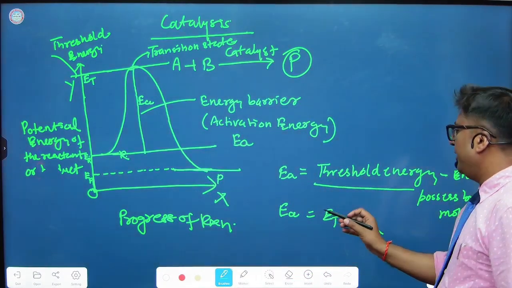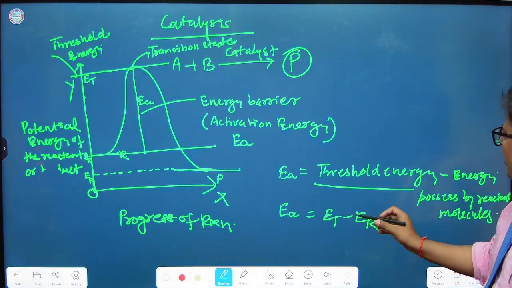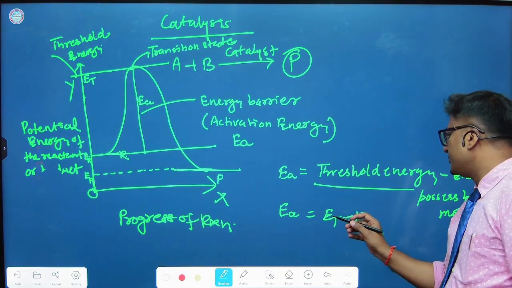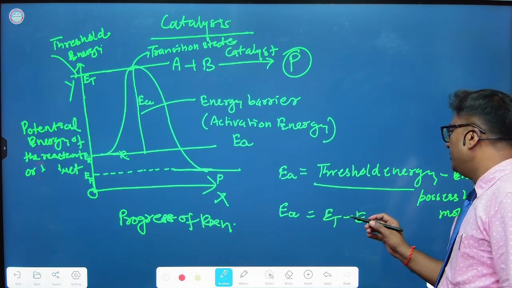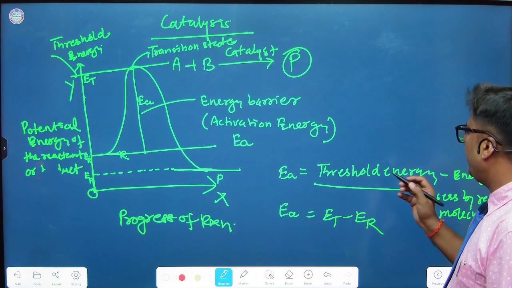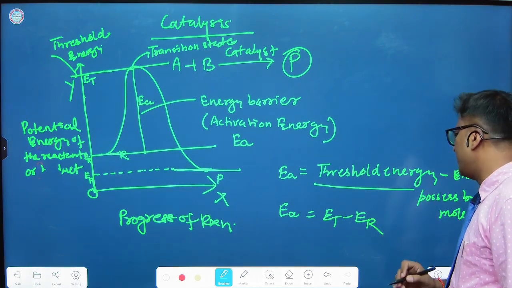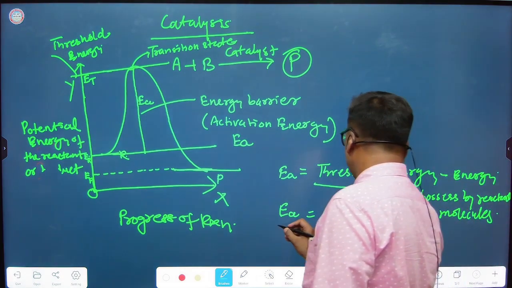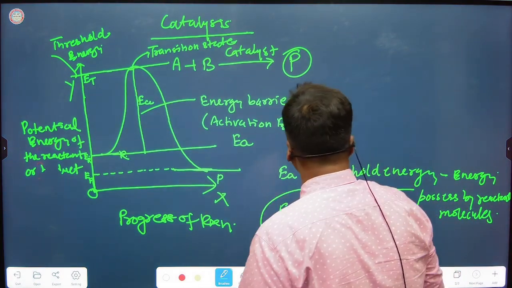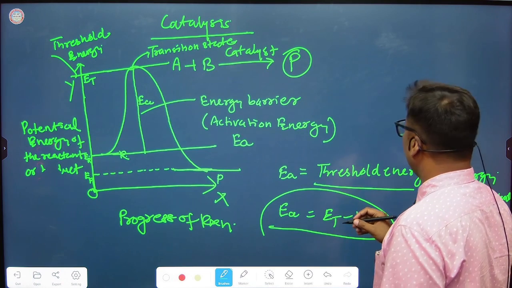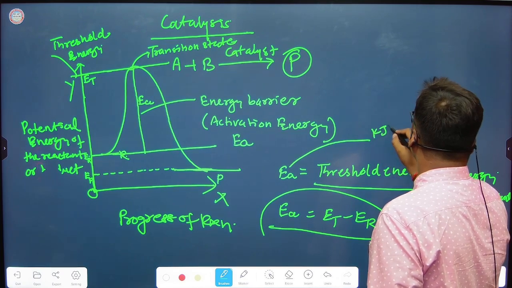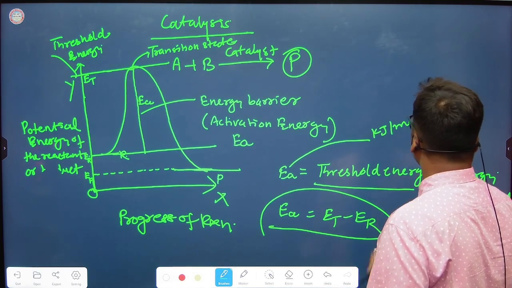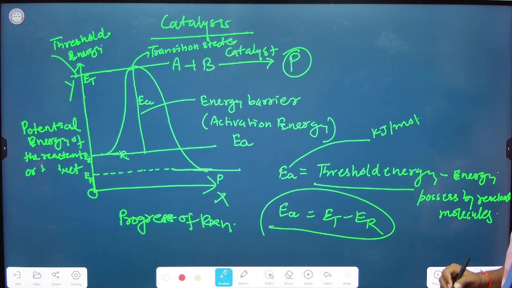So activation energy is actually defined as the minimum energy required for a particular kind of reaction to yield products, right? So this is your activation energy. And what is the unit of activation energy? It can be measured in kilojoule per mole, right?